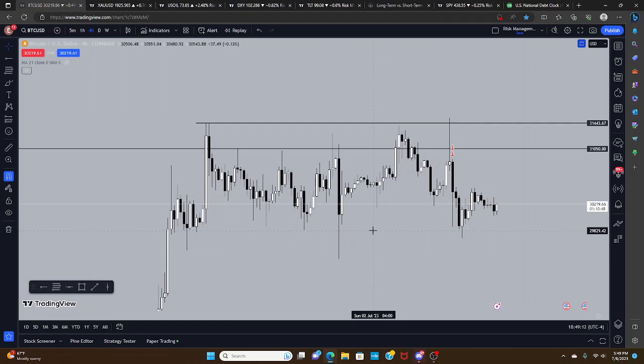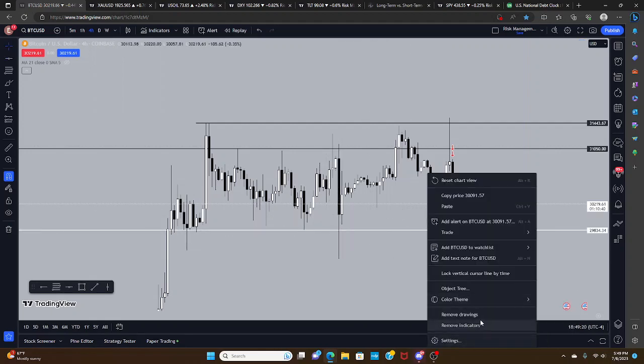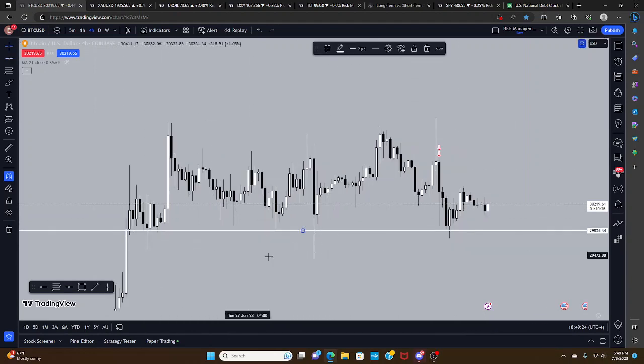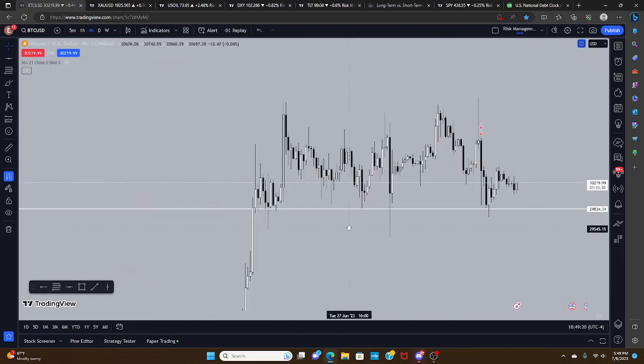Anytime you see this type of price action, let's pull everything off the screen. You have consolidating price action coming off an impulsive move, right?